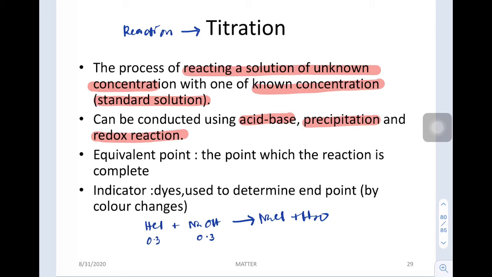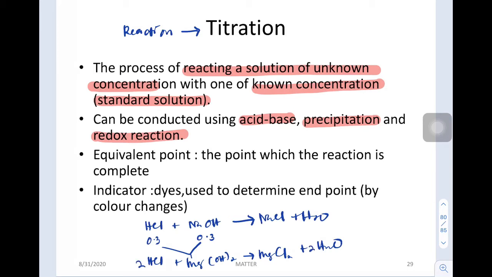The equivalent point is reached when we add the actual amount that is needed for the complete reaction to occur. However, if we have another reaction where the ratios are different, for example HCl reacted with Mg(OH)2 to produce MgCl2 plus H2O, so 2HCl, 2H2O.